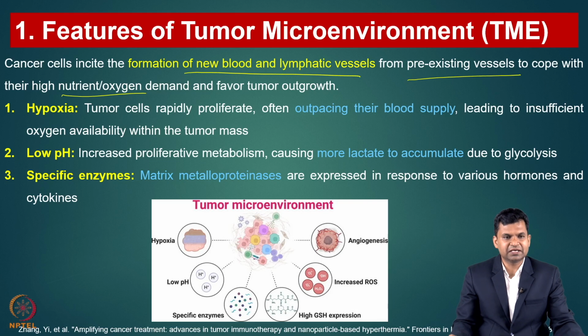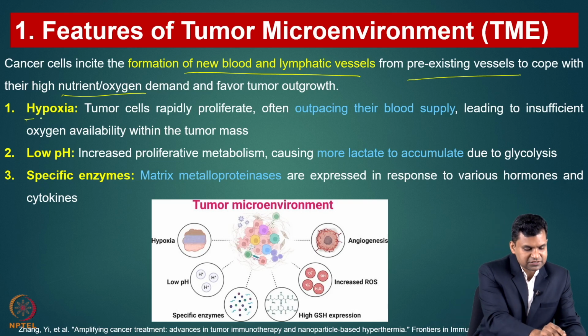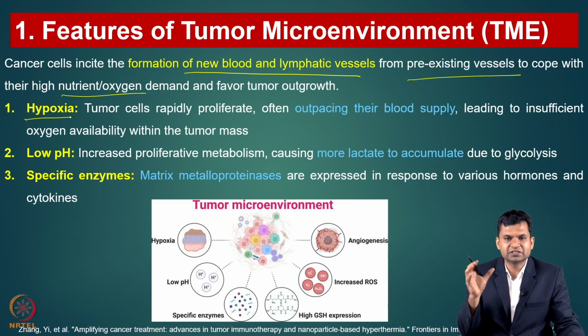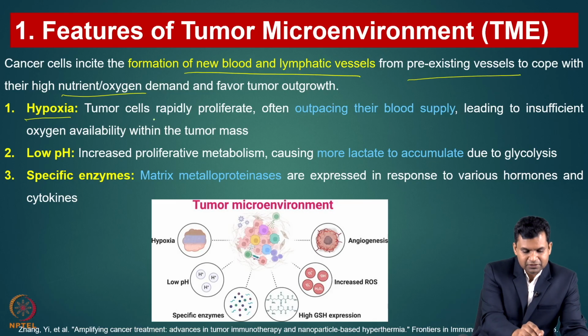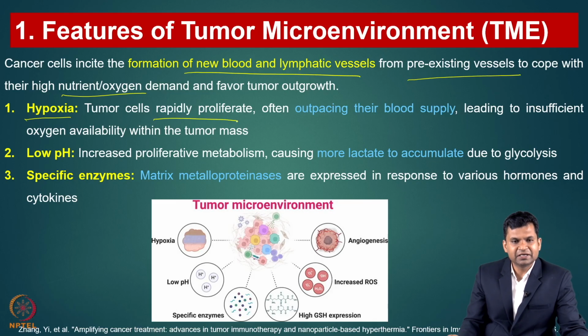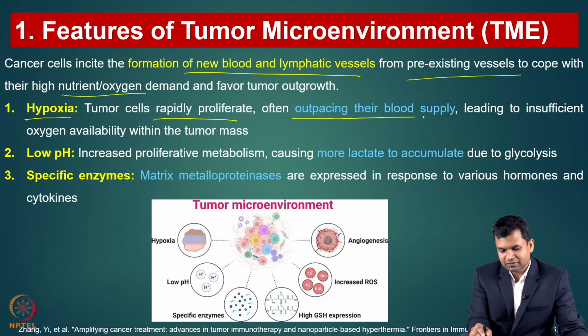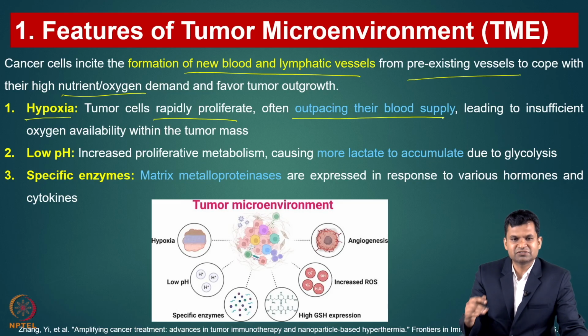The first one is hypoxia. As we know, cells rapidly proliferate, often outpacing their blood supply, as we discussed earlier.